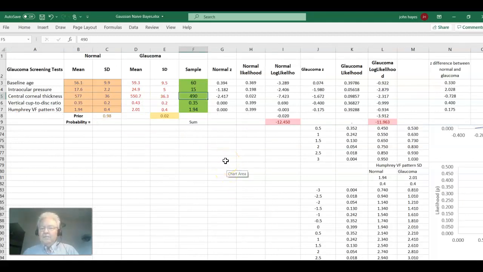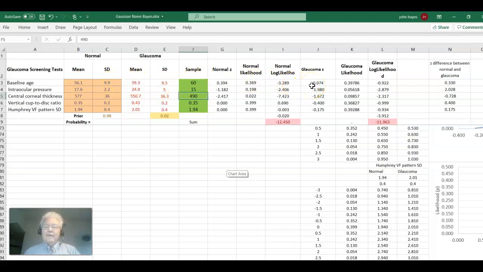Okay, I hope that this example has shown you some things that you need to know. How to calculate a Z-score. The Z-score for normal people is the value 60 minus the mean 56 divided by the standard deviation.